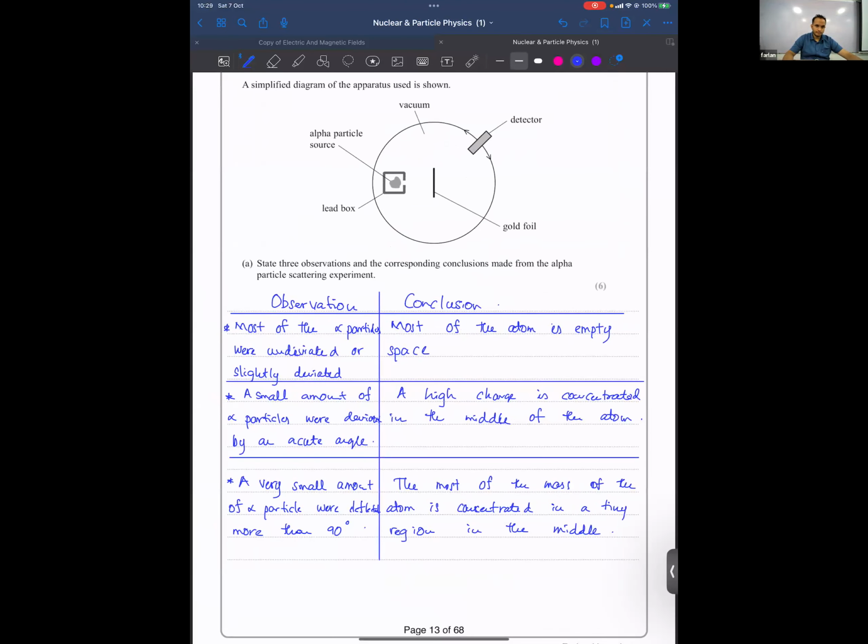How is the second one related to the nucleus as well? Only the third one is right. No, a small amount of alpha particles are deflected, having a deviation by an acute angle. That's because electrostatically there is a repulsive force. So that means there is a mass concentrated in the middle. Sorry, charge concentrated in the middle. So the second one is also related to the nucleus. Yeah, the third one is also related to the nucleus.